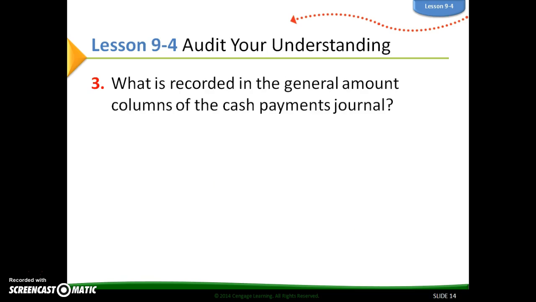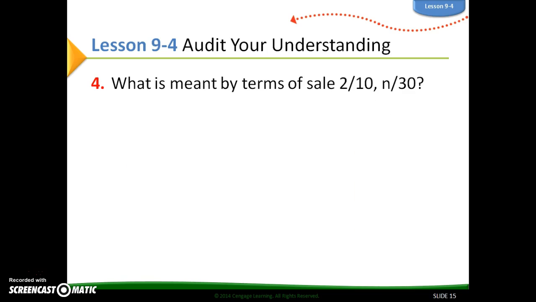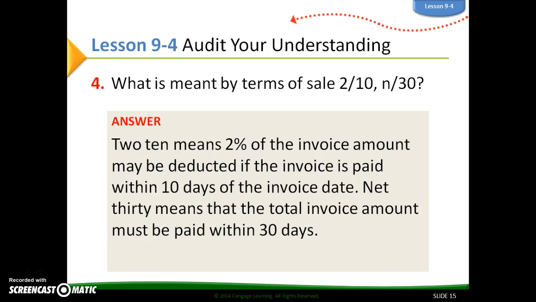What is recorded in the general amount columns on the cash payments journal? Cash payment transactions that do not occur often. What would be meant by terms of sale 2/10, n/30? So remember, the first piece is the discount. 2/10 means 2% of the invoice amount is what you can deduct if you pay within 10 days.